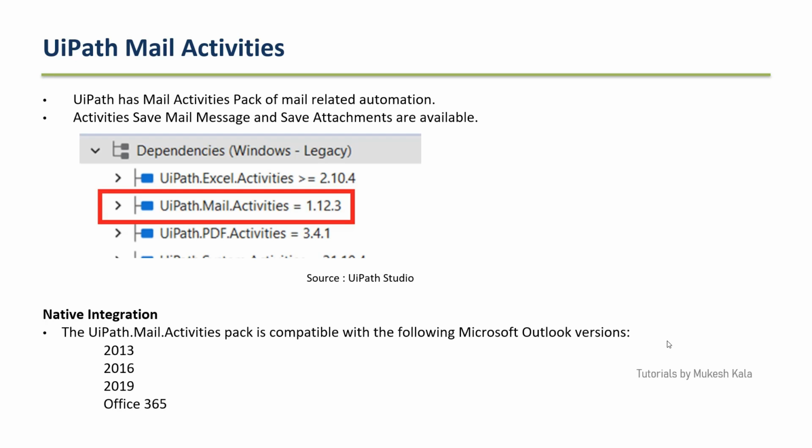And that we are going to do with the help of IMAP activities. So I hope the first prerequisite is clear, that you need to have UiPath.Mail.Activities available in the project. And definitely you should have the Outlook account which you want to connect. So let's go to UiPath Studio and see how I can validate this dependency.